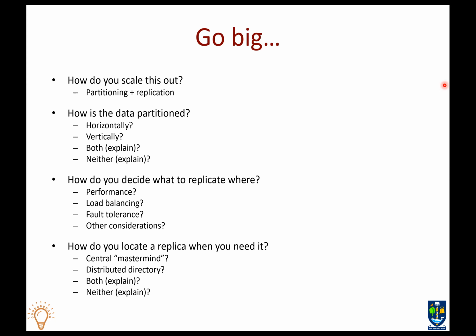I'm not sure what to choose here, because distributed is the way the world is moving, but I feel like centralized is better. So I'm not sure. Okay, fair enough. So to summarize, vertical for data partitioning, and not sure for how you locate a replica. Okay, good. How about room three?